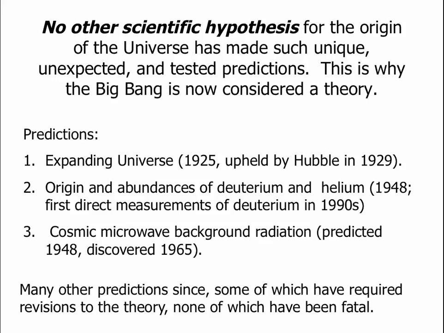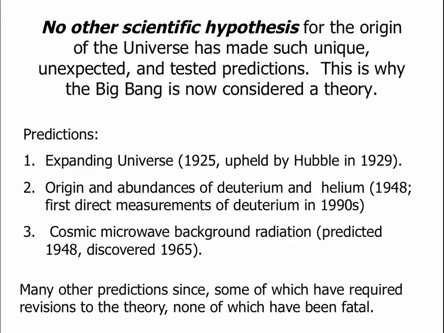It's important at this point to emphasize there has never been any other scientific hypothesis for the origin of the universe that made so many predictions that were later tested and found to be true. And that's why the Big Bang is no longer considered a hypothesis, but is considered a theory, a well-tested bit of science that explains a large part of the universe and that has passed every test it's been put to.